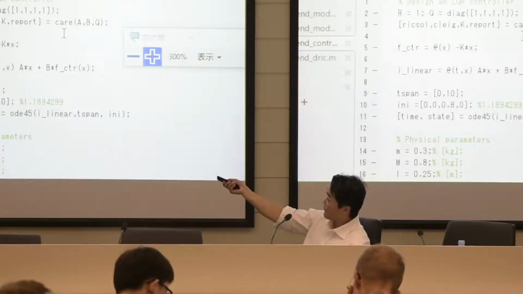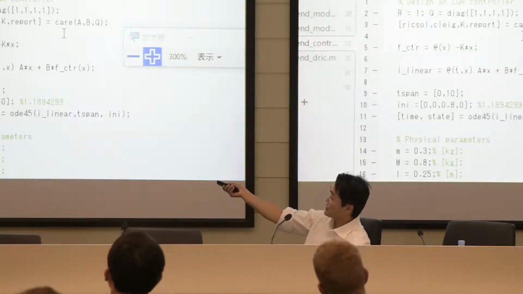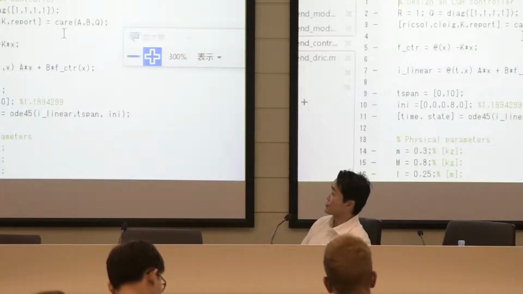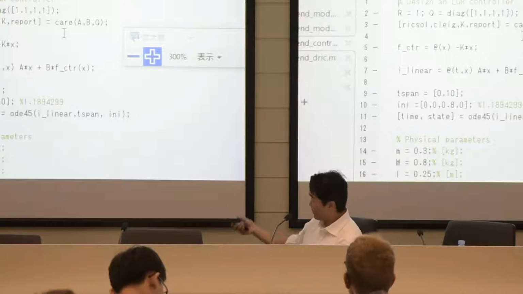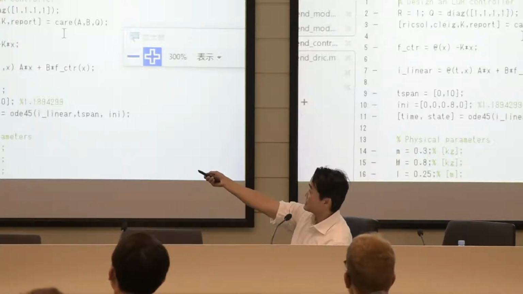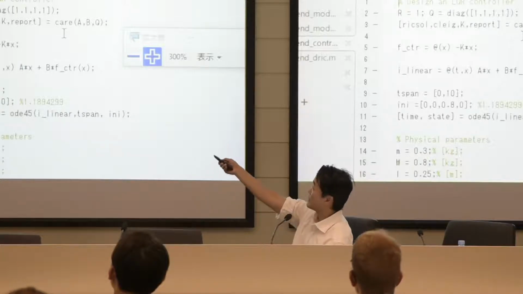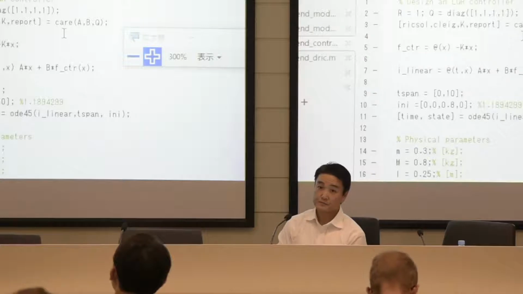And you define the function, this guy, as a function of t and x. You have to write t. Otherwise, this ODE45 doesn't compute the solution, because this ODE function has to be a function of t. So at t time, comma x, and define your right-hand side.